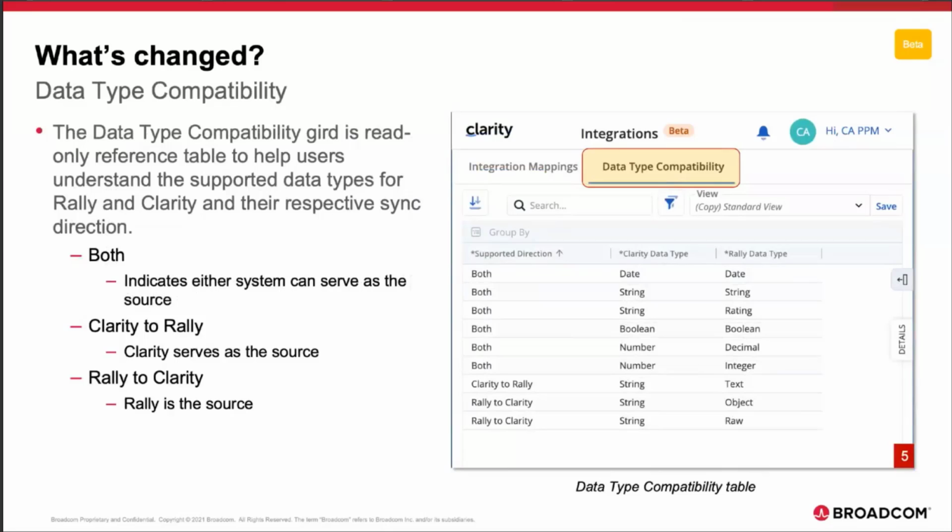Clarity to Rally indicates that Clarity is the source, and Rally to Clarity, there's 2 of them there, indicates that Rally is the source. This is a beta release, so there are some limitations with respect to Clarity and Rally data type support, but we're working in this area on the next release, and so I have some more information on that later in the deck.